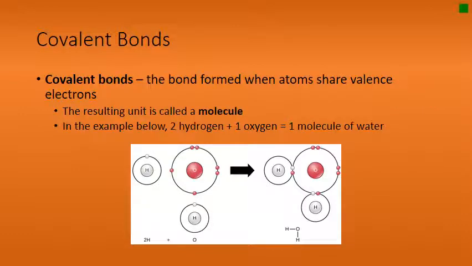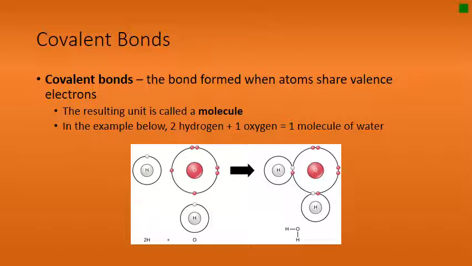This slide simply reinforces what I've just said. A covalent bond is the bond formed when two atoms share valence electrons. A molecule is, by definition, the simplest unit of a compound that still has the physical and chemical properties of that compound.